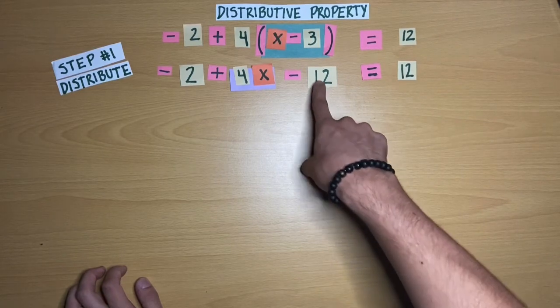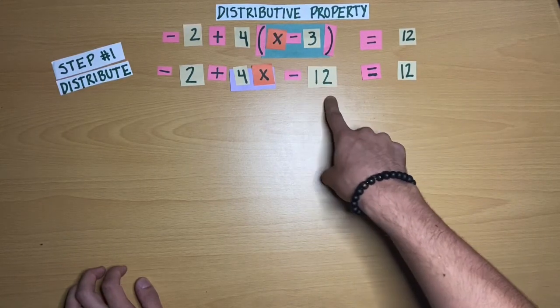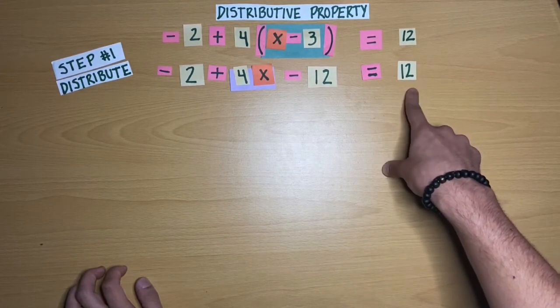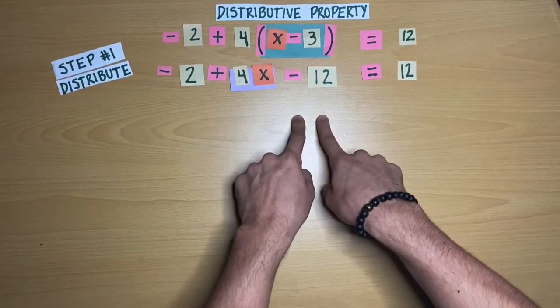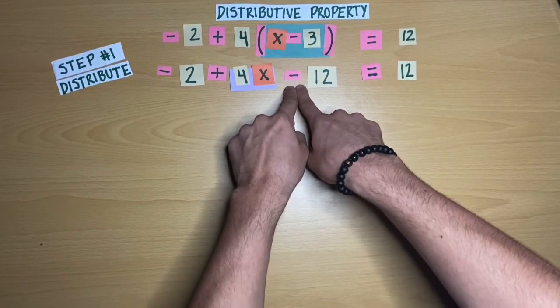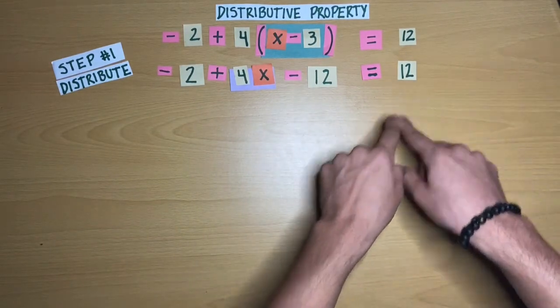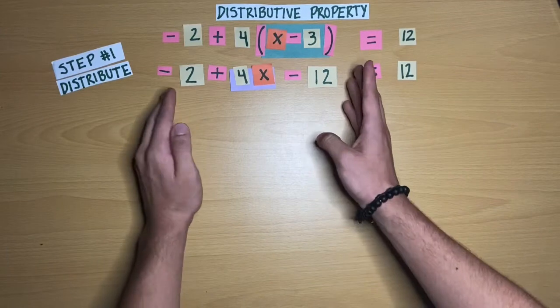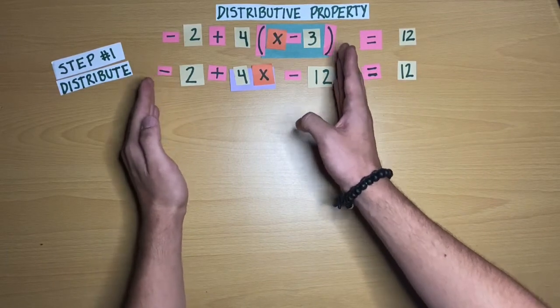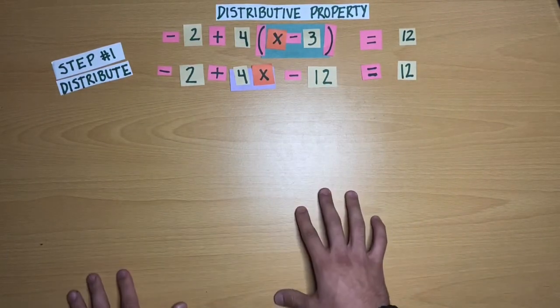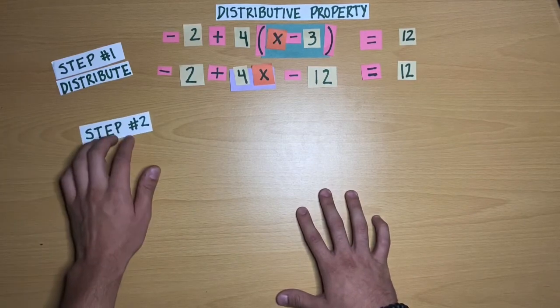For example, if we wanted to combine this -12 and this +12, that's when we add, because it's the inverse of subtraction. Add 12 to this side, but you should always try to combine like terms on the same side first. It'll make things a lot simpler. So that'll be our second step.